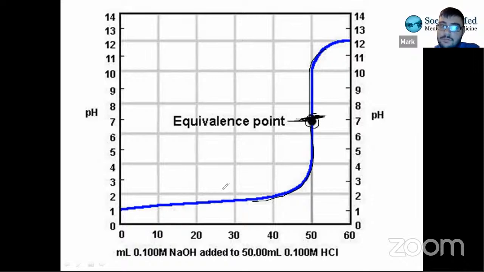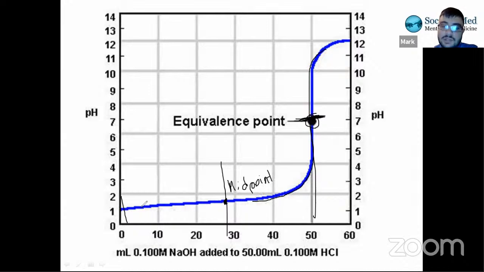Next, you also have the midpoint, which should be halfway between the start and the equivalence point. So I'd say roughly about here. This would be the midpoint. I'll show you a graph where it's labeled as well later. But for now, this is the midpoint.